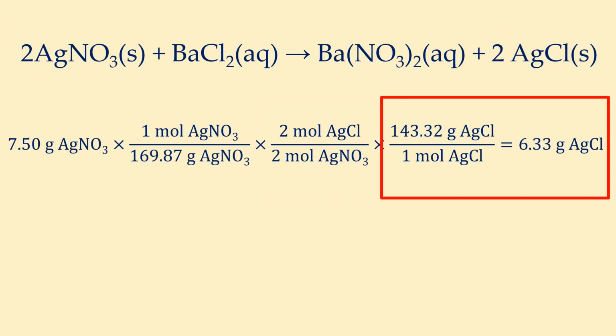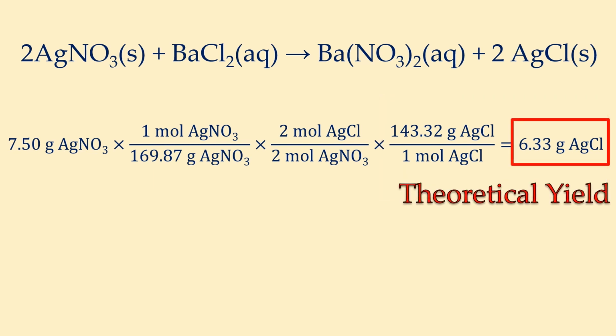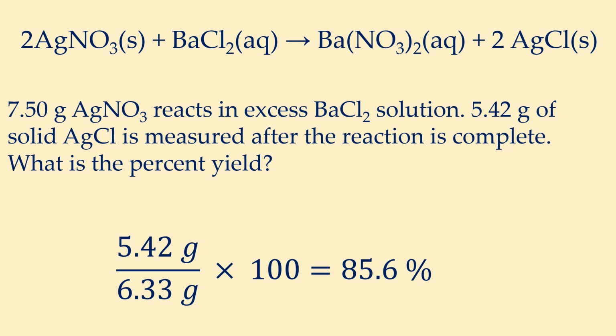Finally, I'll convert moles of silver chloride into grams of silver chloride using silver chloride's molar mass. 6.33 grams is my theoretical yield. Let's go back to the problem. I'll insert the actual yield into the numerator and divide by the theoretical yield. I'll multiply by 100, and this gives me a percent yield of 85.6%.